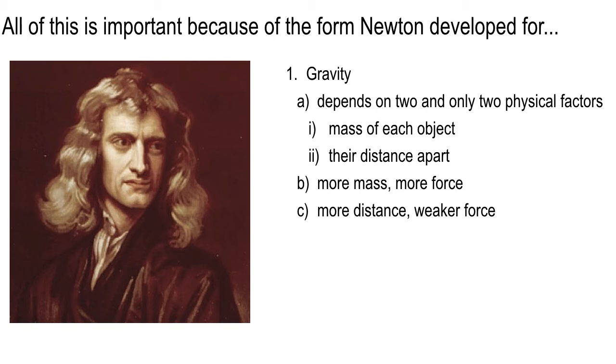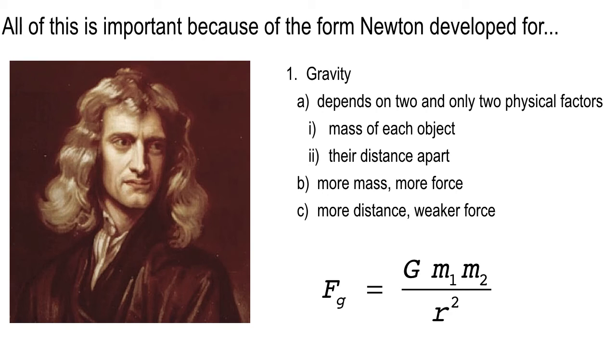And so he said, all right, I think that the force law is going to look like this. The quotient, M1 and M2 multiplied together, the mass of one object and the mass of the second object, in the numerator. So the more mass you have in kilograms, the bigger your numerator.